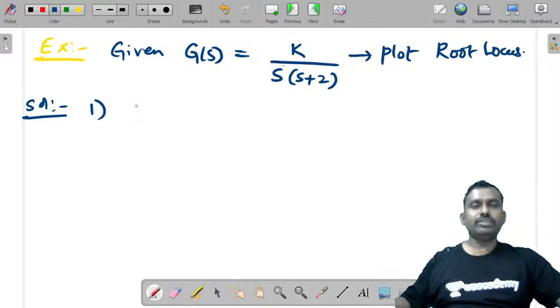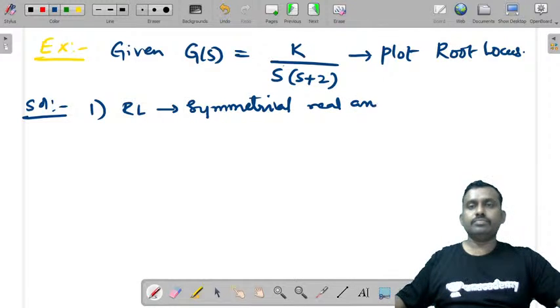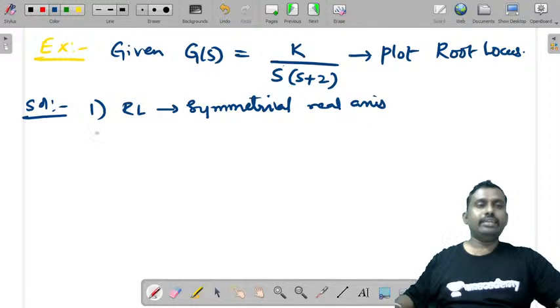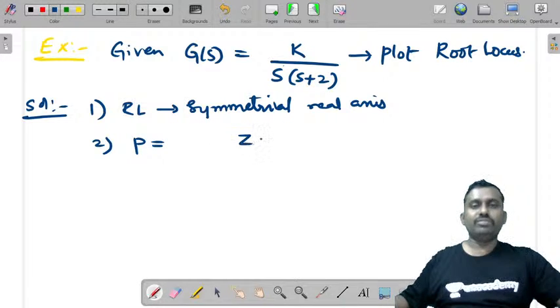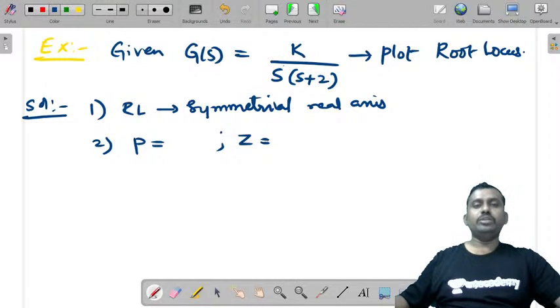First, we always say that the root locus is symmetrical about the real axis. The second step, what I told you, was to find the number of poles and number of zeros. What are poles and zeros? Poles are the roots of the denominator and zeros are the roots of the numerator. Because there are no numerator roots, we have z equal to 0 and p equal to 2.